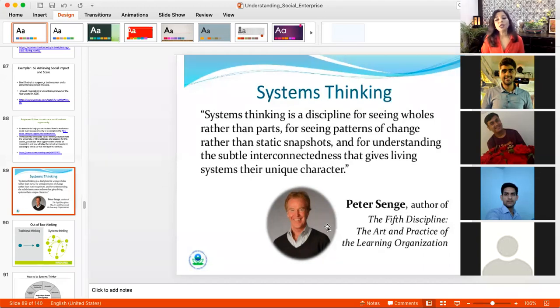So systems thinking is a way, I don't know how many of you know about Herbert Simon's decision-making method. When Herbert Simon gave this concept of how decisions should be made, he talked about two very unique concepts, bounded rationality and satisficing, which are remarkable contributions to how rational decisions should be made.